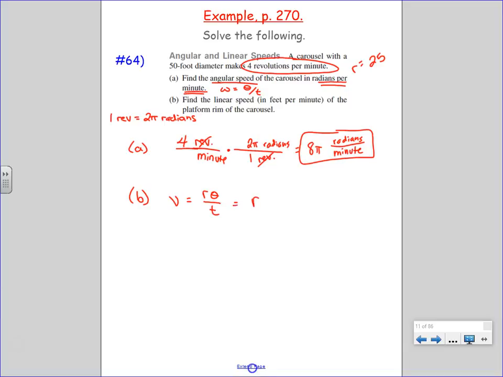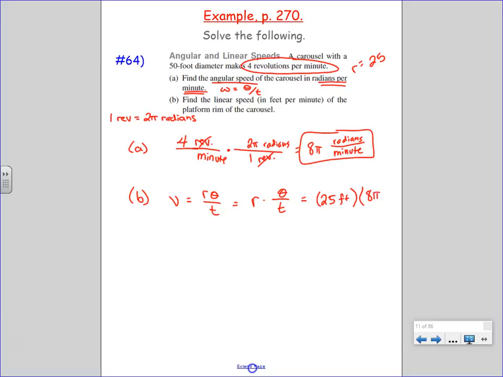Couldn't we rewrite this formula to be R times theta over T? Technically. Why am I saying that? Who is theta over T? Wait a minute. Isn't that just what we found? So what do we have to do? Plug it in. We can plug in our 25 feet times our 8 pi.